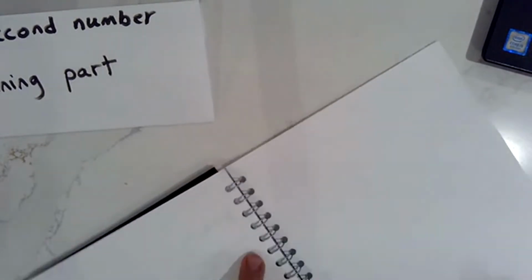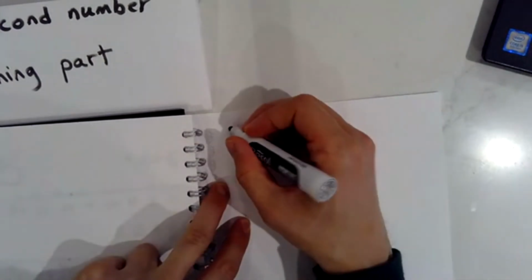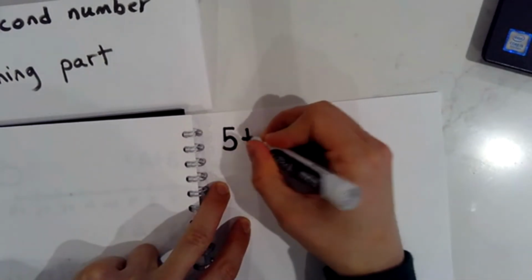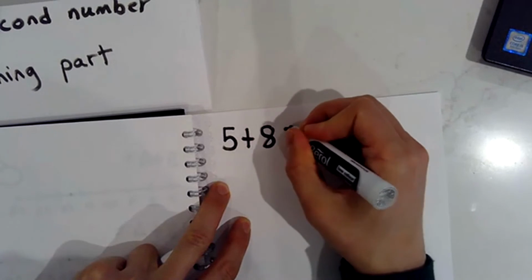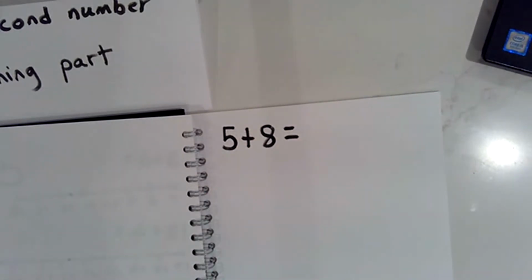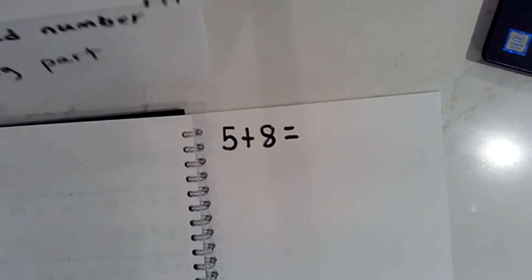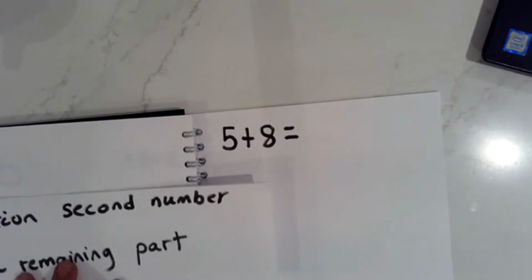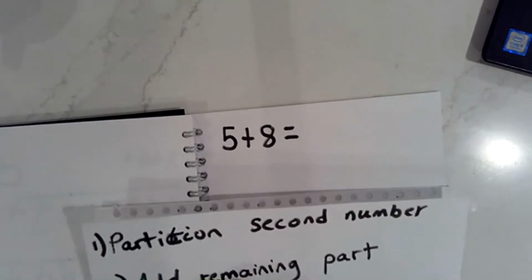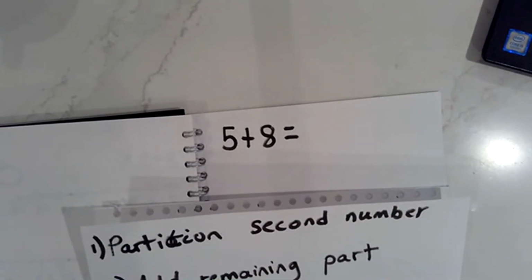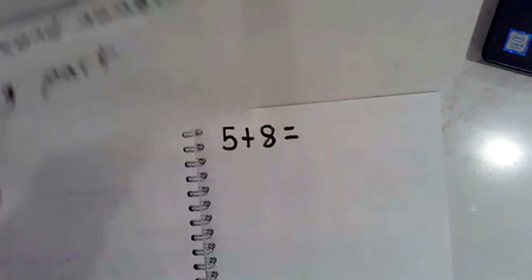So I was doing 5 add 8. So hopefully now you can see my piece of paper, and I'm doing 5 add 8. So following my steps to success, it says 1, partition the second number to make 10.